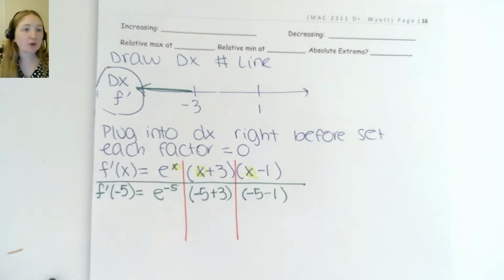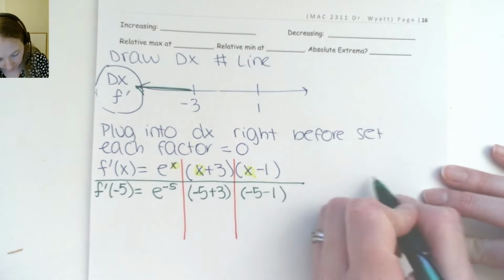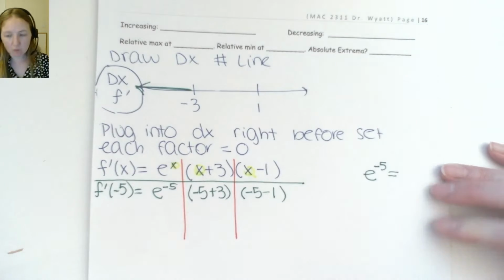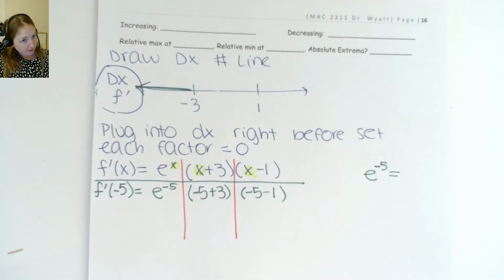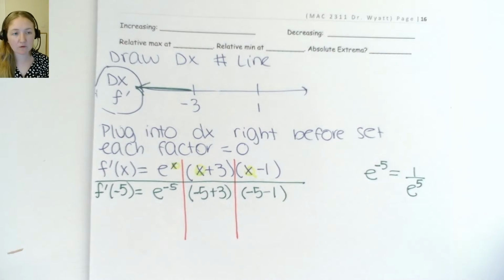Now again, you do not need a calculator for this question because people sometimes stress out about this e to the -5, but remember what you do with negative exponents. We move them down. So e to the -5 is going to be 1 over e to the 5th.